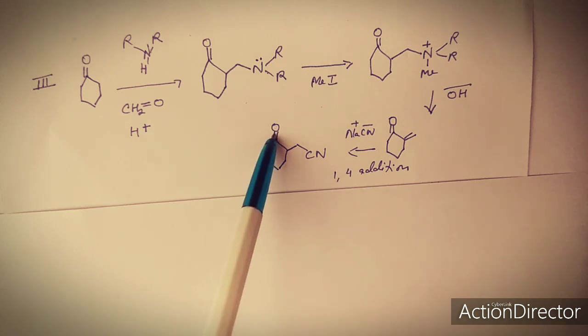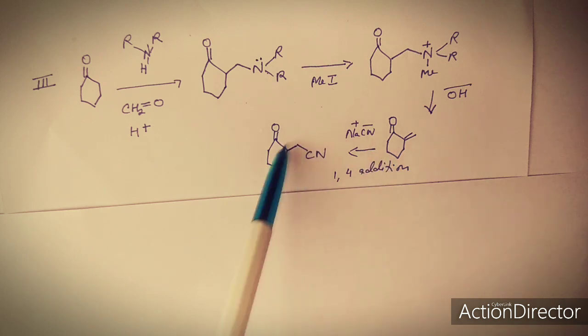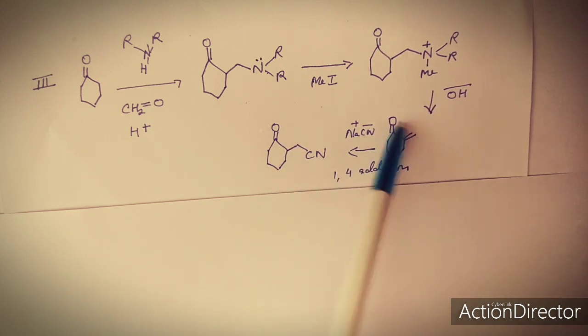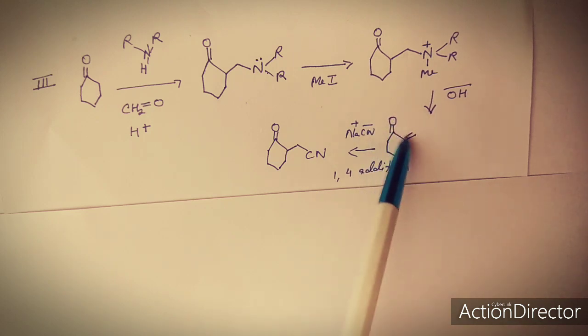Now because this has been pulled here, the electron pair is moved from here to here. So this carbon will get positive charge. So the other option will be the 1,4 addition. And as we studied earlier in our Michael type of reactions, the 1,4 addition, or the Michael. So in those Michael reactions, what happens?